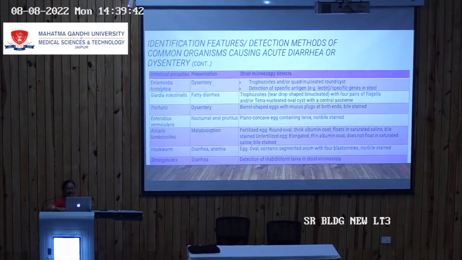If it is dysentery, then it can be E. histolytica. In giardia, there is fatty diarrhea, which means the stool is very fluffy. Then in trichuris, it is plain diarrhea, ascaris, and all these, and trophozoites can be seen in the stool in microscopic examination.